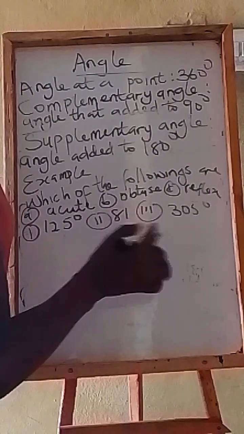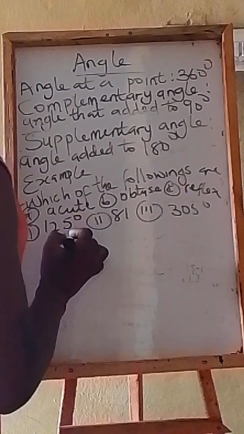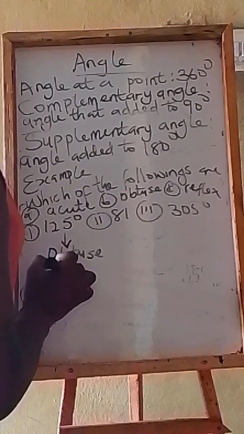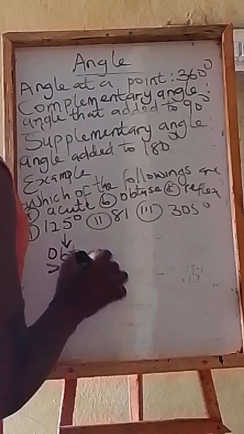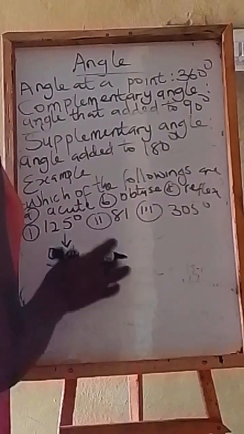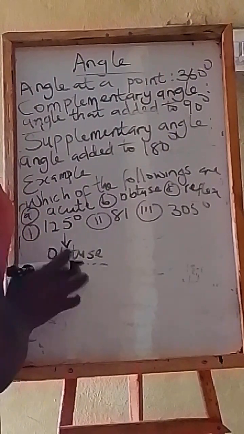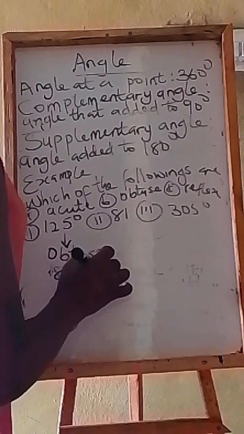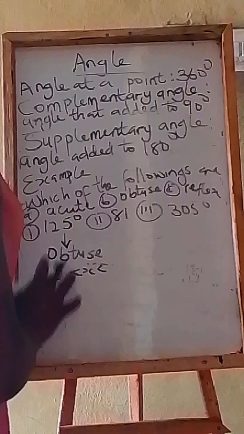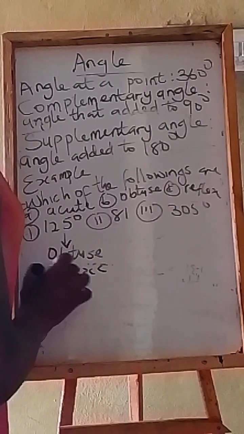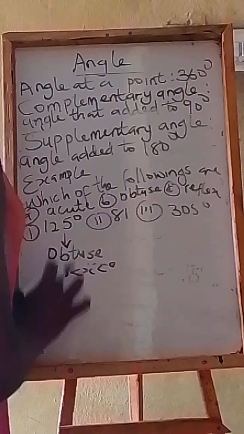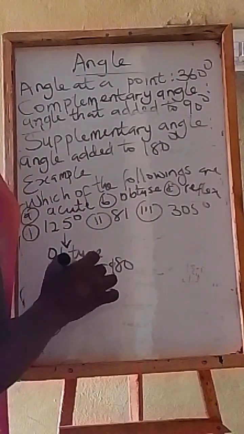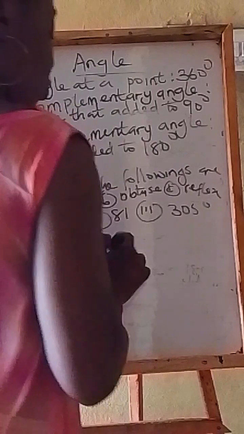We are going to do these three. This particular one, 125, is an obtuse angle. Why? It is greater than 90 and less than 180. I write it this way: 90 less than s, less than 180. This implies that s is greater than 90 and less than 180.